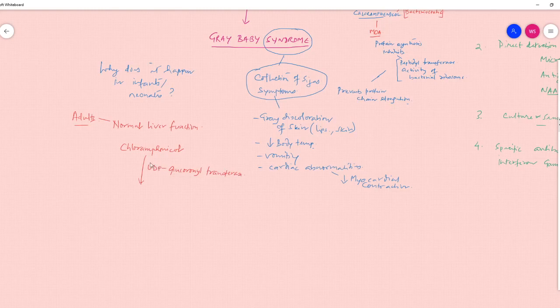Okay, it transfers glucuronide to chloramphenicol, making it chloramphenicol glucuronide, and this is water soluble and it is excreted. Okay.